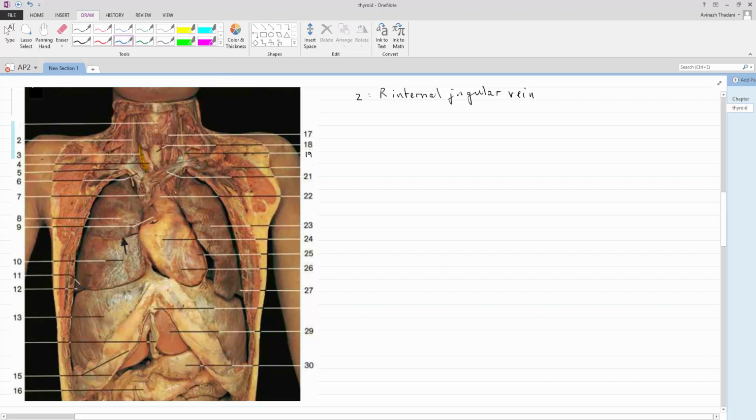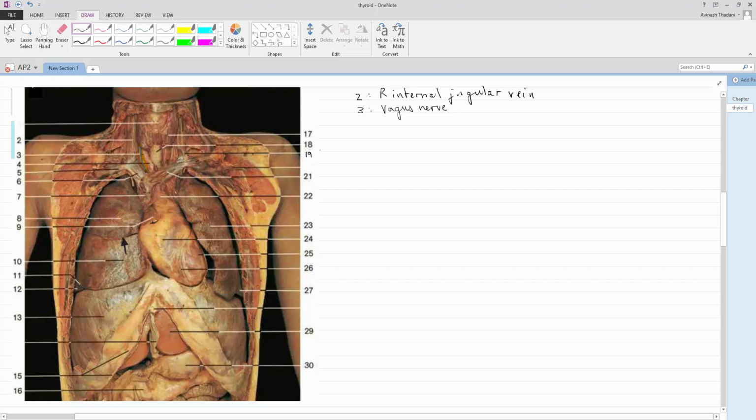Maybe I'll just draw it in blue here. That structure over there is the vagus nerve. And we all know that the vagus nerve is the main parasympathetic output from the autonomic nervous system.